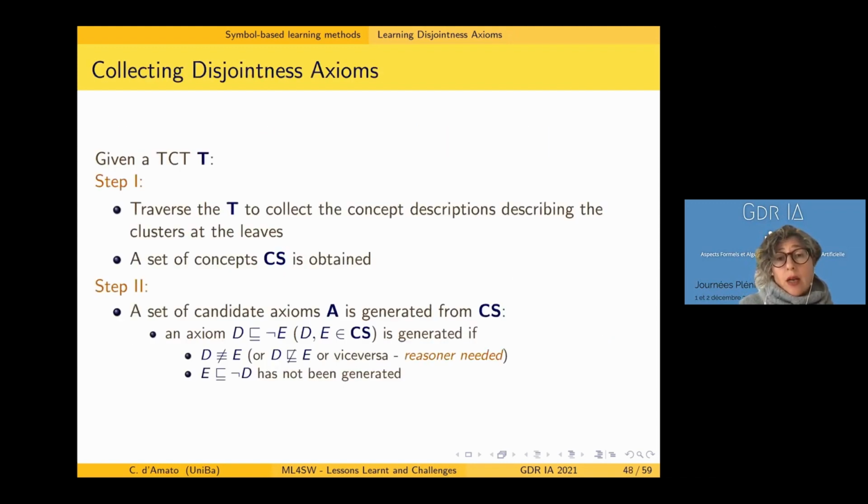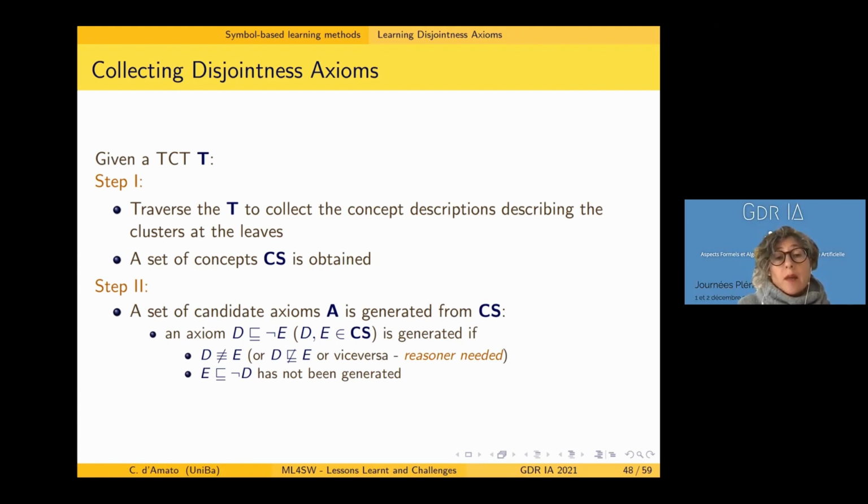Given a terminological cluster tree like the one we have just seen in the figure, we obtain disjointness axioms by adopting a two-step approach. In the first step, we build a concept set, obtained by traversing the tree in order to collect the descriptions that describe the clusters obtained at the leaf nodes.